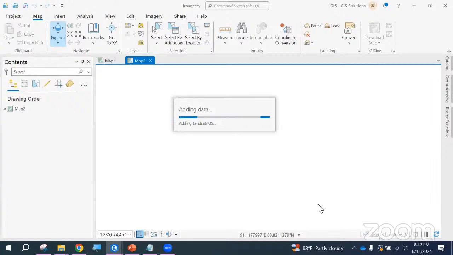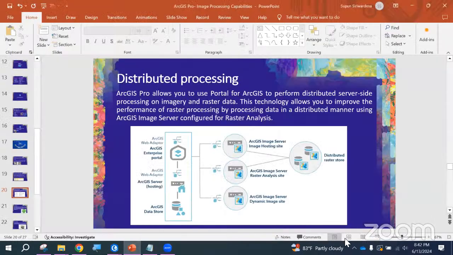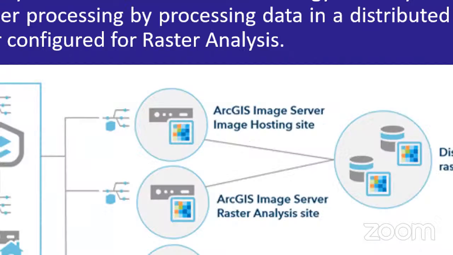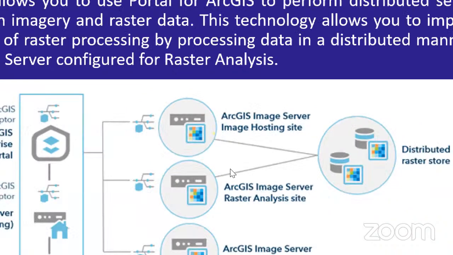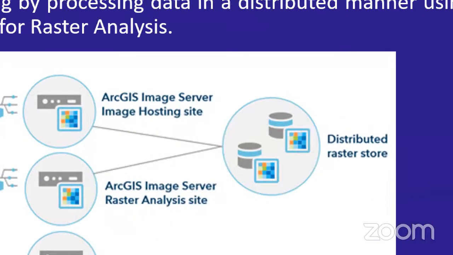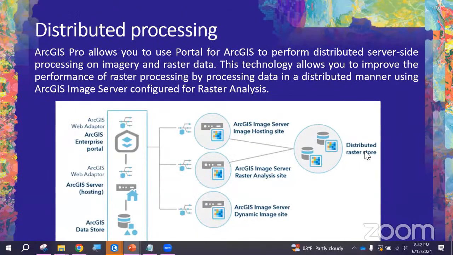This is coming away from your traditional environment. Here you can see the workflow diagram, image server, and it's kind of a hosting site. And there can be raster analytical sites. So these things can be combined and distribute the raster to the different clients.